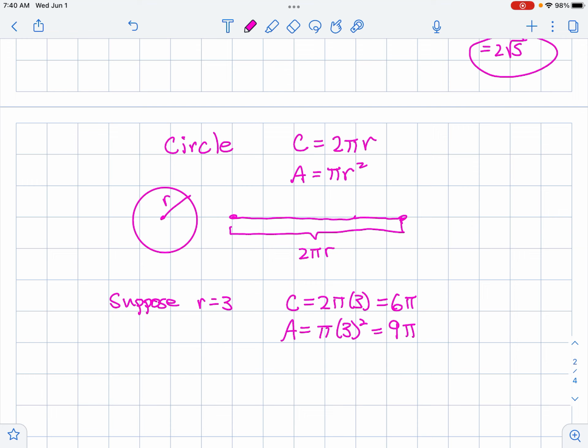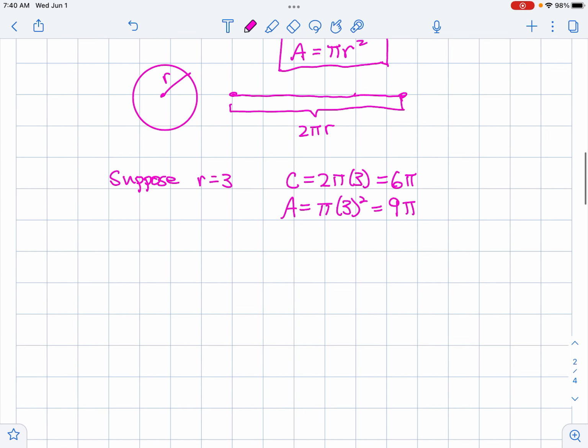So these are a couple of formulas that you need to have memorized. You'll never regret memorizing the circumference and the area of a circle formulas. Okay, now let's just look at some problems here. Let's suppose that we have a triangle here.